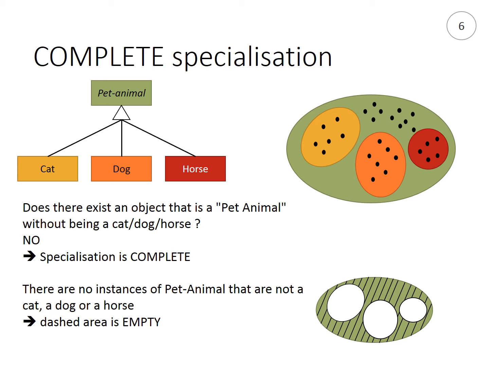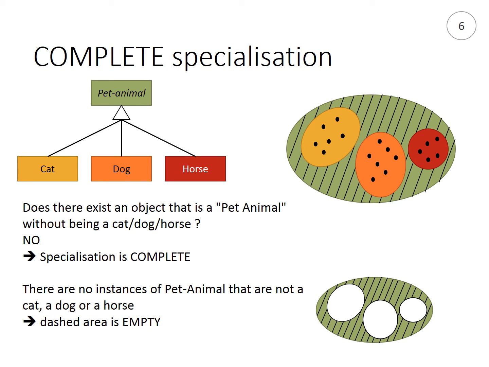So here we ask whether in the green area we can have objects that are not in one of the orange or red areas. If the answer to that question is no, then the specialization is complete, and it means that the green dashed area is empty. There cannot be any object there. So in that case, the specialization is complete.